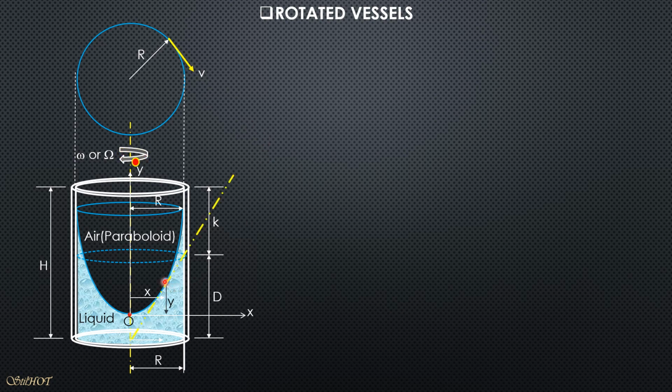Then we have a point here on the resulting surface, which is at rest. So take note that it is only the tank that is rotated. The contents inside remain at rest. So normal acceleration, there are three expressions for normal acceleration. One is the tangential velocity square over radius, big R. It is also equal to omega square r, and it is also the product of the angular velocity and the tangential velocity.